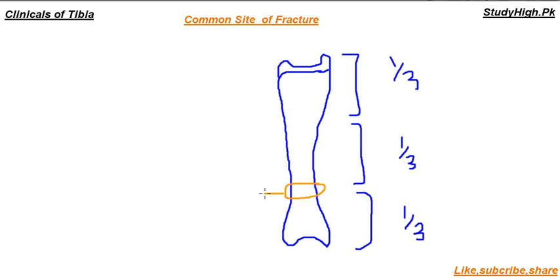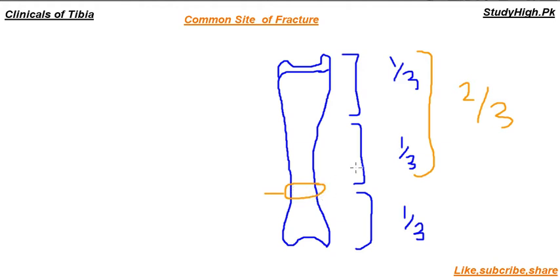We can also say that these two combined are called upper two third. So the junction of the upper two third and inferior one third is the weakest or the common site of fracture of tibia bone, as this part has the poorest blood supply.